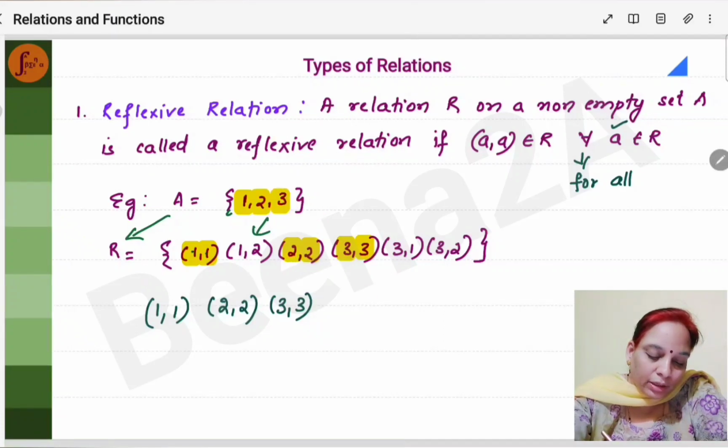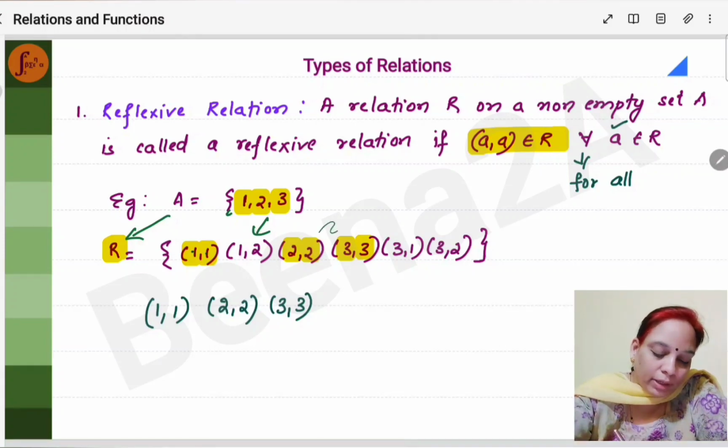You have 3 here, so you should have 3, 3. So if there is a relation R where for every element of set A, the pair belongs to R, that is, for every element in set A you have the element and its mirror image. You can call this a mirror image, right? 1, 1, 2, 2.